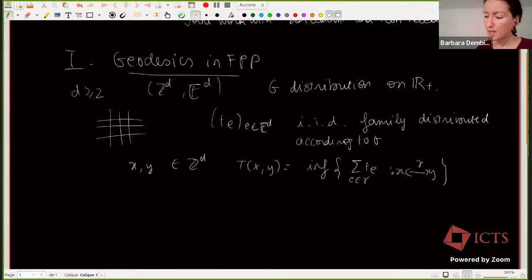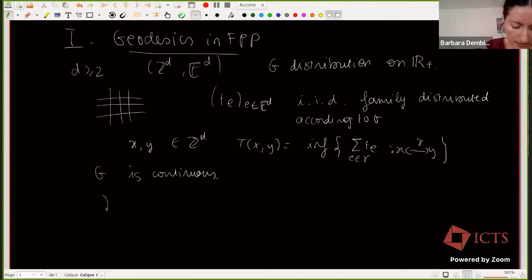In all this talk, we will be interested in distributions G that are continuous with respect to Lebesgue measure, so that has a density. And in the case where G is continuous, you know that this infimum is attained, and moreover, it's almost surely unique.